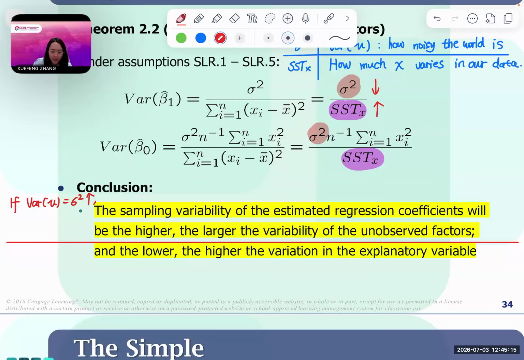If sigma square is larger, we're gonna have larger sampling variability, which is the variance of beta 1 or beta 0. It's all our estimates, right? So if variance of mu equals sigma square is higher, that means our variance of the beta 1 hat will be larger, will be higher.